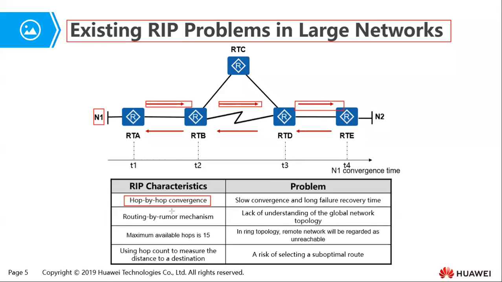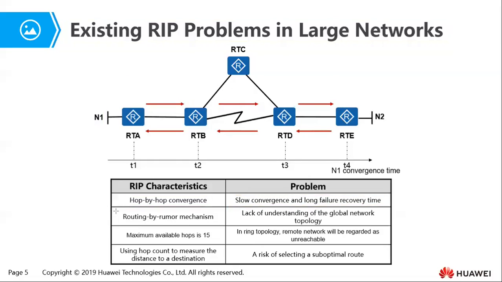That is what we call hop by hop convergence. So this results in slow convergence and a long failure recovery time. Remember, we've said that large networks need high reliability and fast recovery from failures. But now with slow convergence, it becomes an issue. So that's one of the issues with RIP.